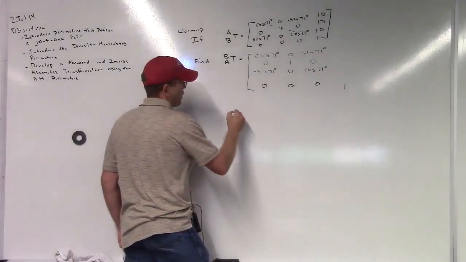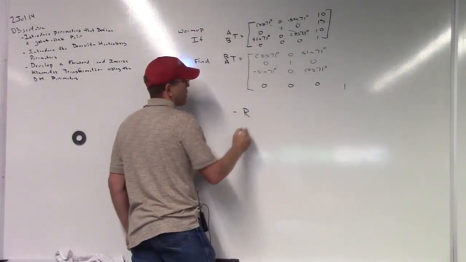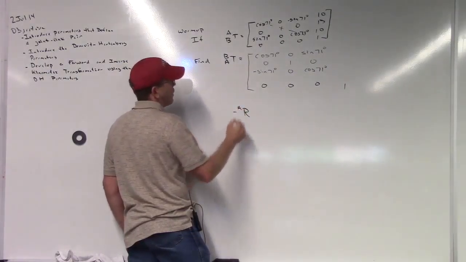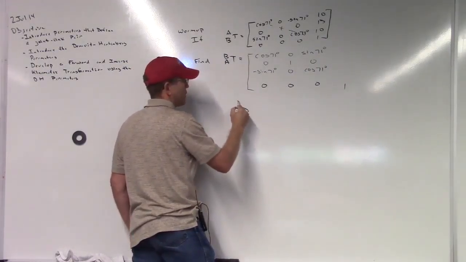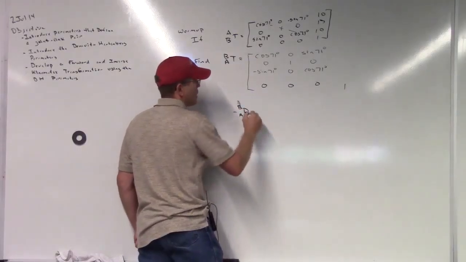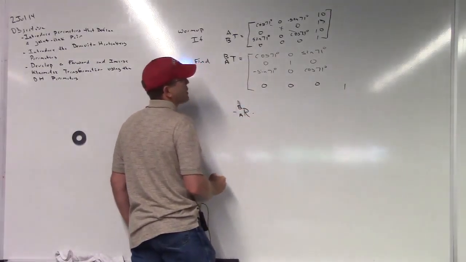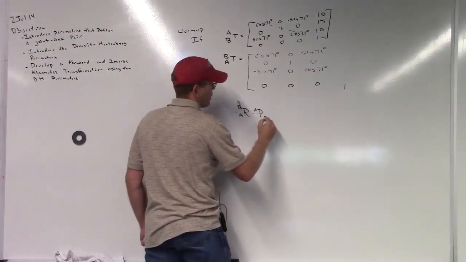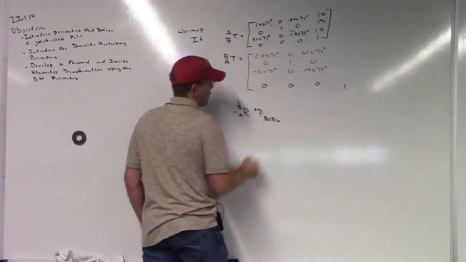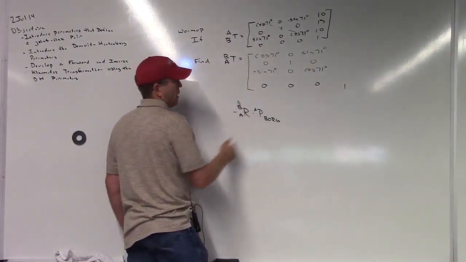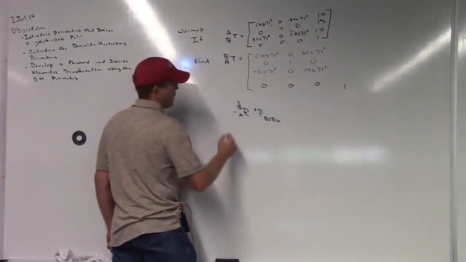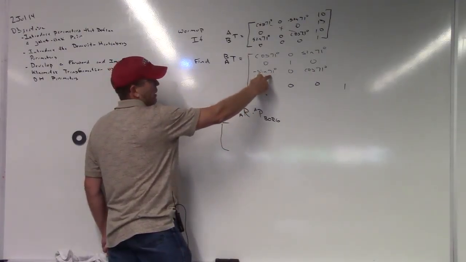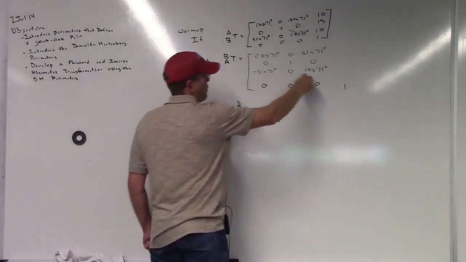So we're going to take the rotation matrix from B to A times the position vector that got us from A to B. In this case, our rotation matrix from B to A is just what we penciled in here.